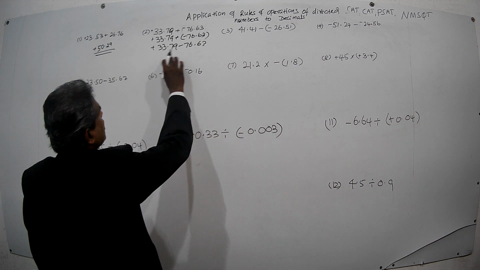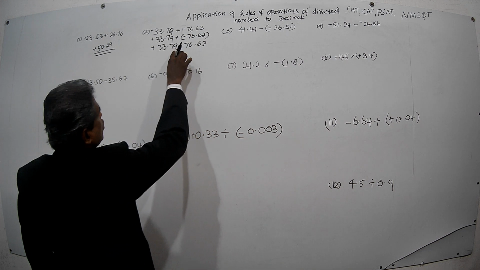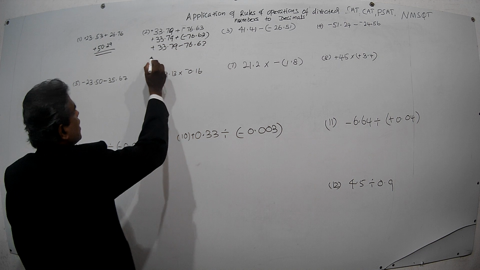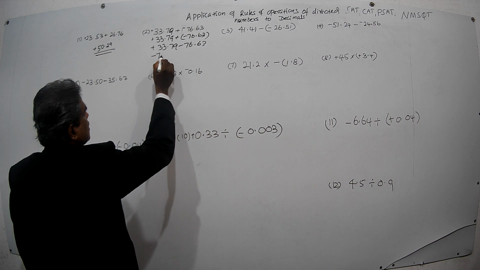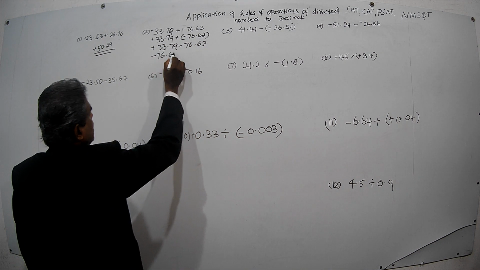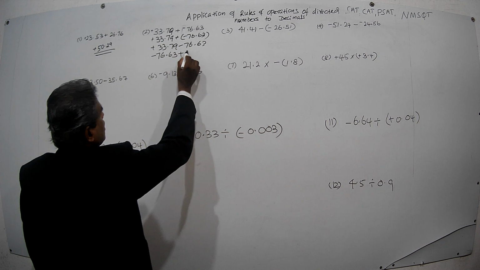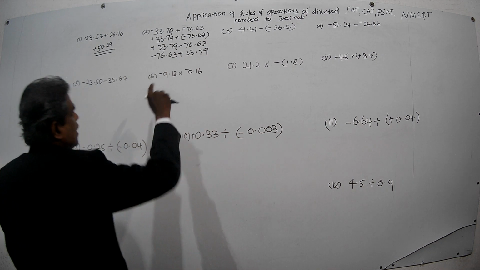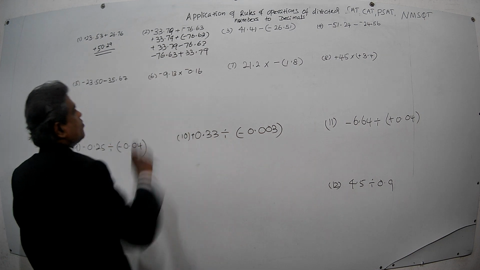Now look here, then we deduct this from this. If you want, you can write it like this for your convenience: negative 76.63 plus 33.79. Now you subtract. Then here you write 9 from 3. Can't.